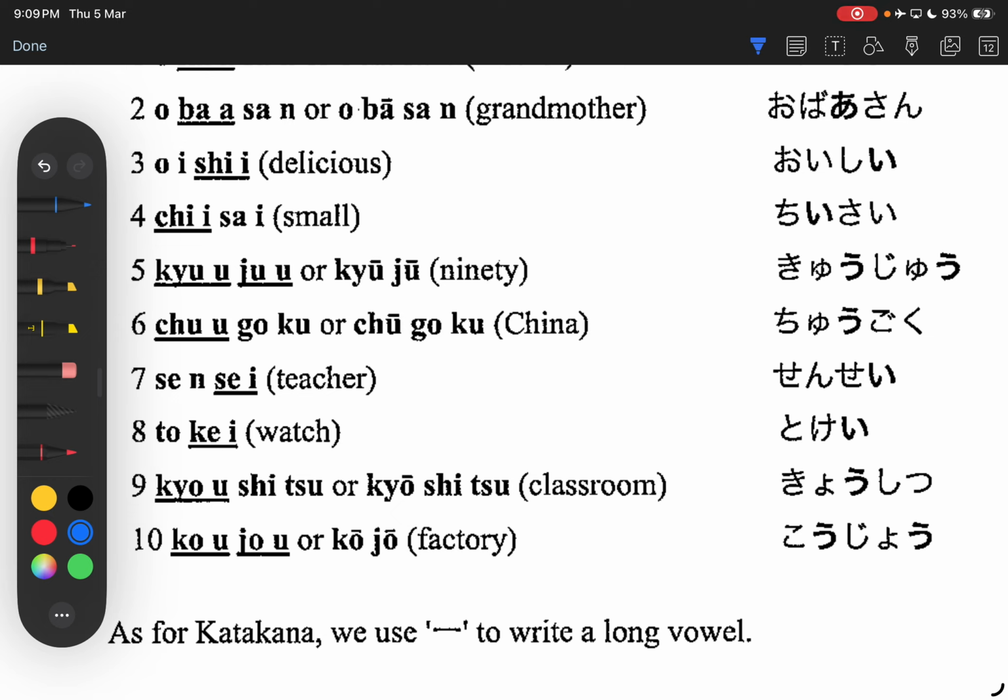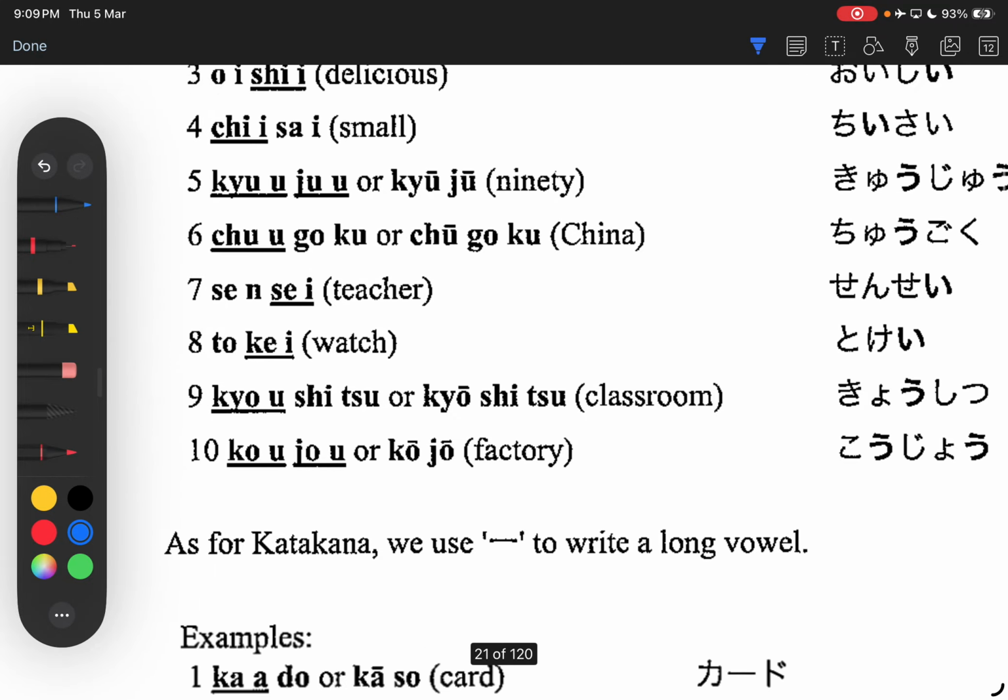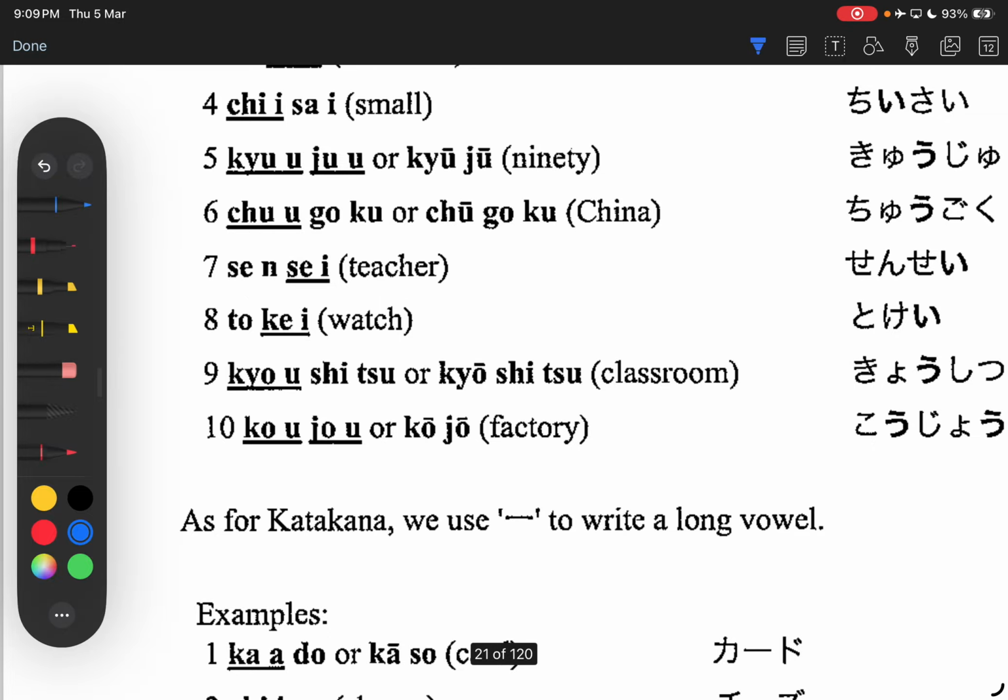Number 6, chugoku, which means China. Number 7, sensei. Number 8, toke. Number 9, kyoushitsu, classroom. Number 10, kojo.